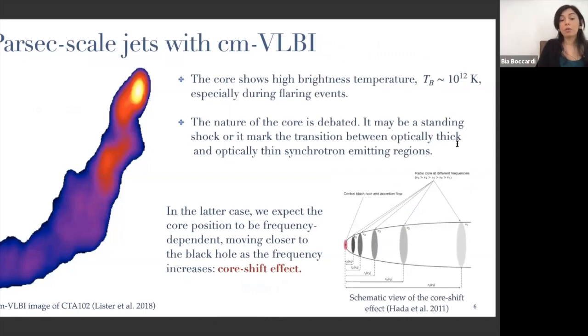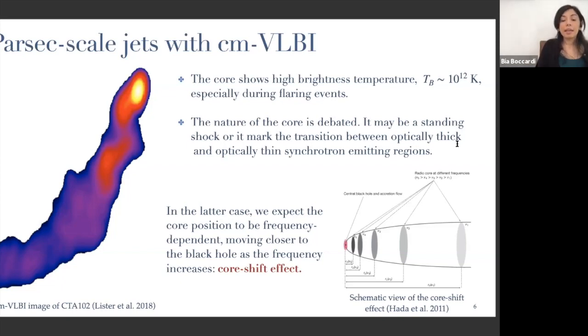We see a bright core and a one-sided jet. The core is characterized by a very high brightness temperature, especially during flaring events, and its nature is still debated. It may be a first strong shock at the base of the jet, or it may mark the transition between synchrotron emitting regions which are optically thick and then become optically thin.